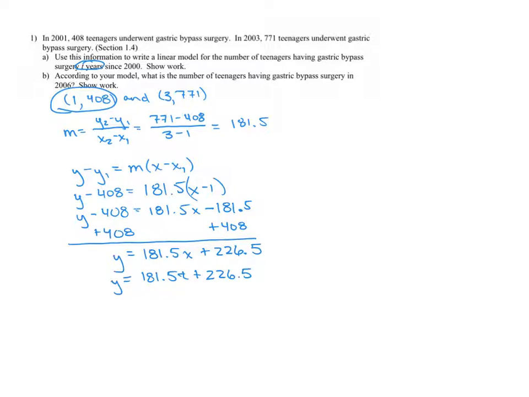Okay, the last thing we want to do is, according to our model, we want to know what is the number of teenagers having gastric bypass surgery in 2006. So let's go ahead and plug in our t value for 2006. t will be equal to 6 in that year. If we plug it in, we get y equals 181.5 times 6 plus 226.5.